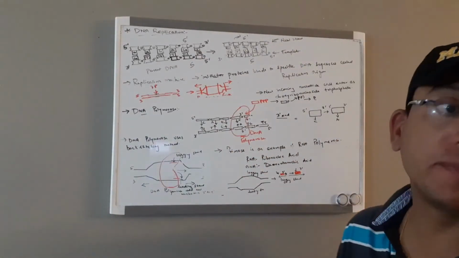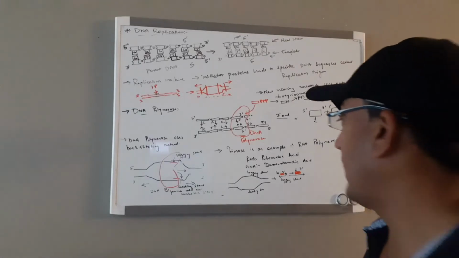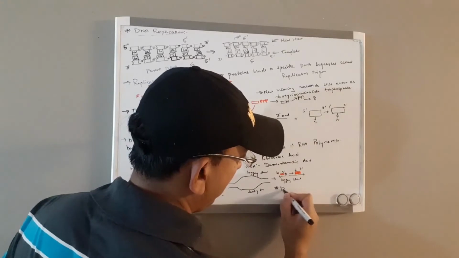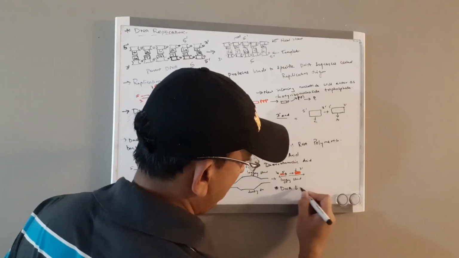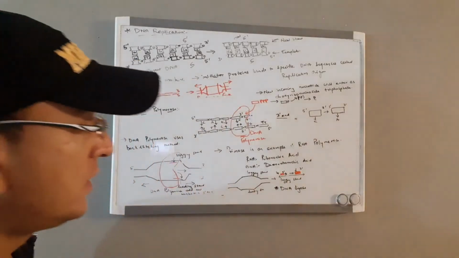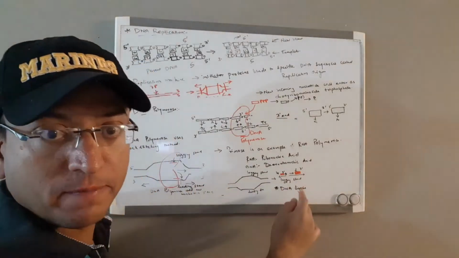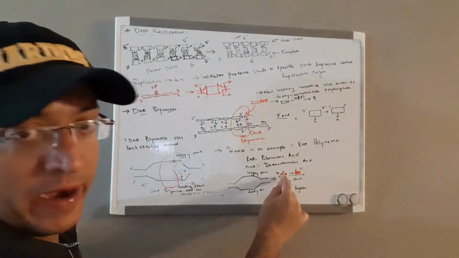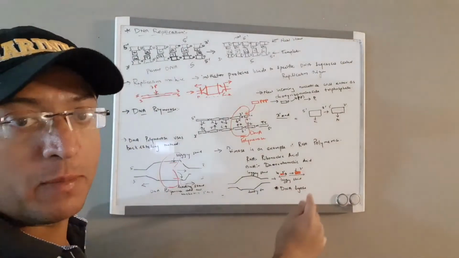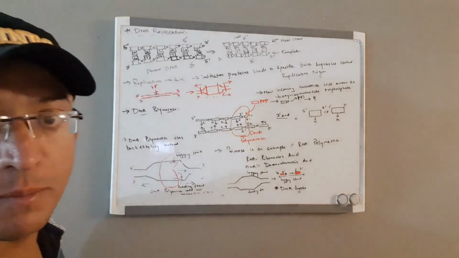An enzyme called DNA ligase helps to join the 3' end of the new DNA fragment to the 5' end of the previous one.